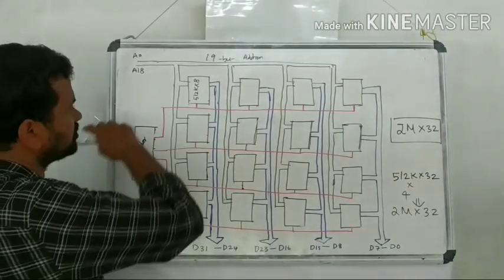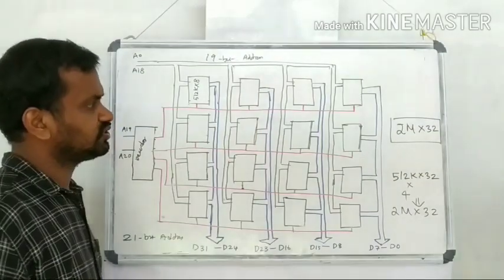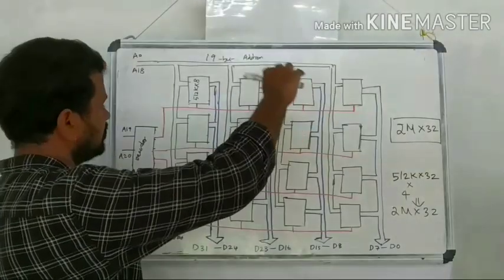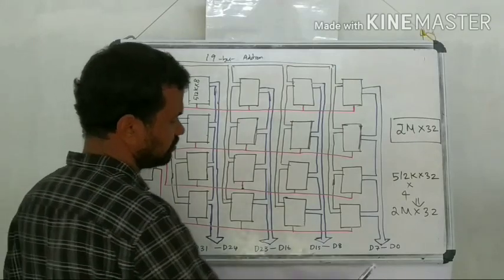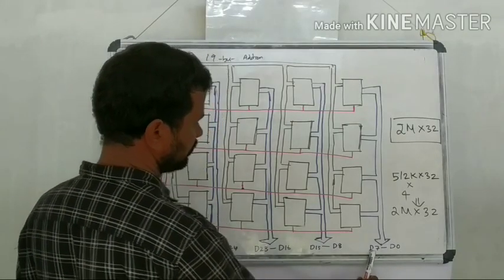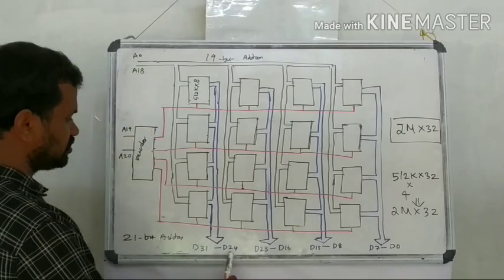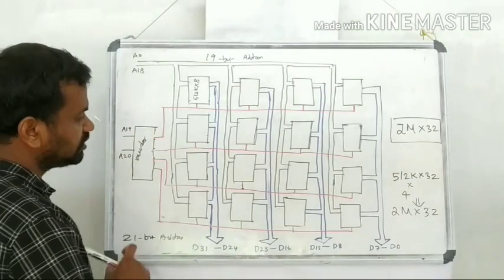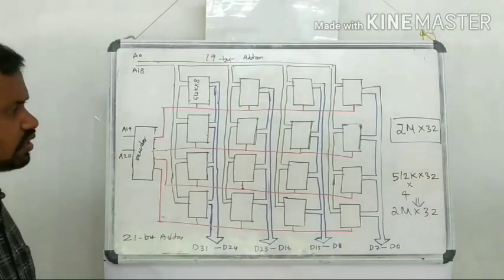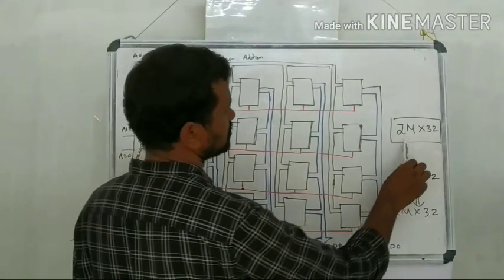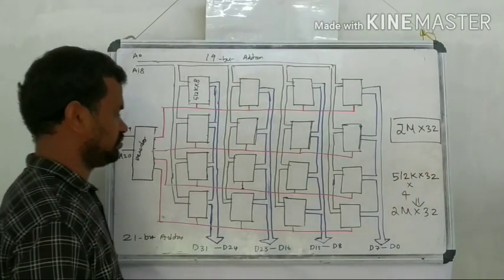So based on this address, any one row of chips will be selected, and data from that row will be available through the data bus. We will have data bus D0 to D7, D8 to D15, D16 to D23, D24 to D31. In total we have a data bus width of 32. So this will form a memory system of 2M into 32.